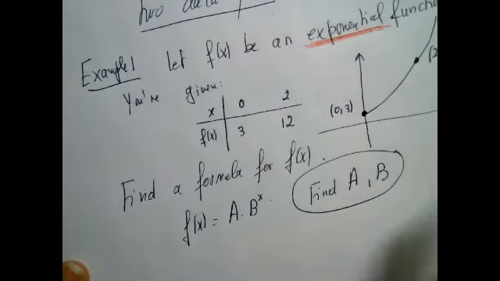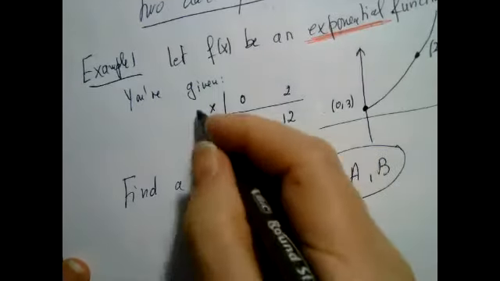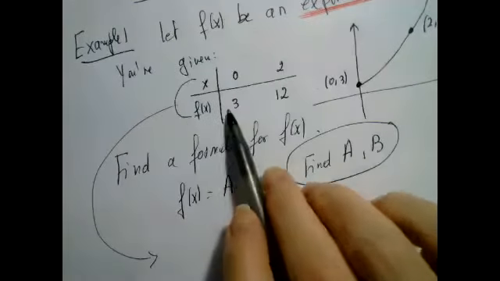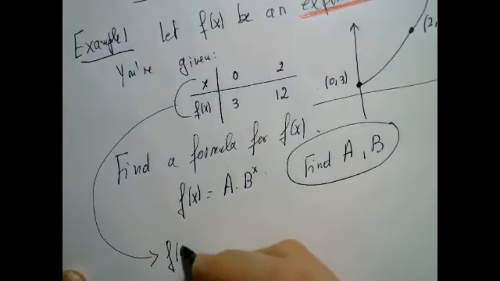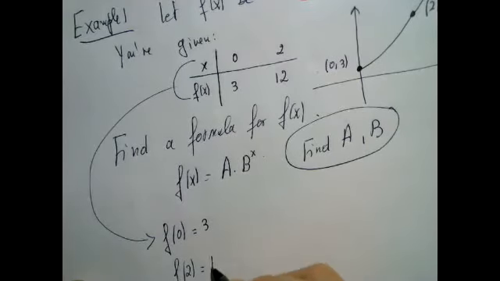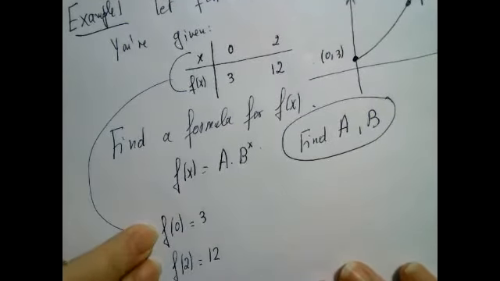Here I need to find a and b, and I have those two data points. This table tells me that my function takes at 0 the value 3, and at 2 the value 12. I'm going to use those two given values to find the a and the b.